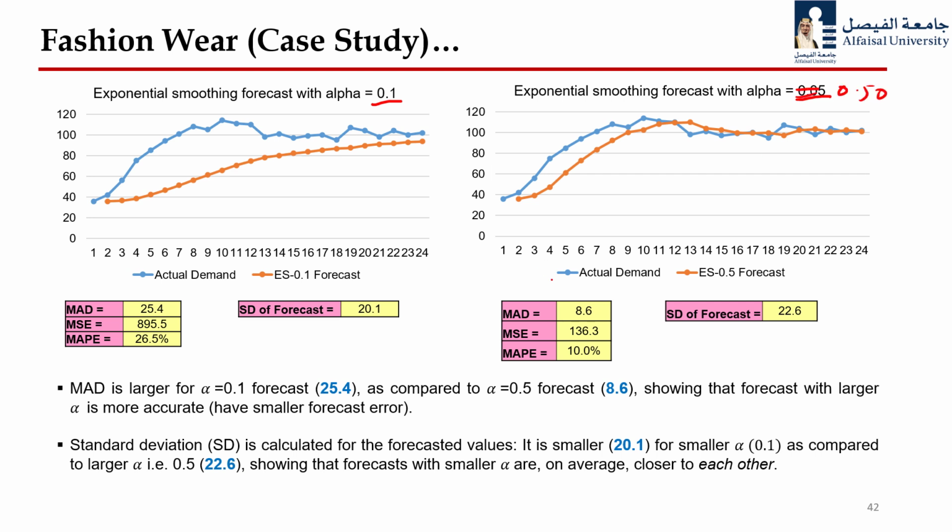We can easily see that in this data set, when alpha is equal to 0.1, what's the standard deviation? And when we have alpha 0.5, what's the standard deviation?